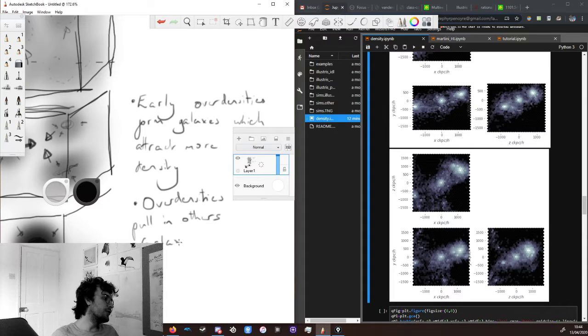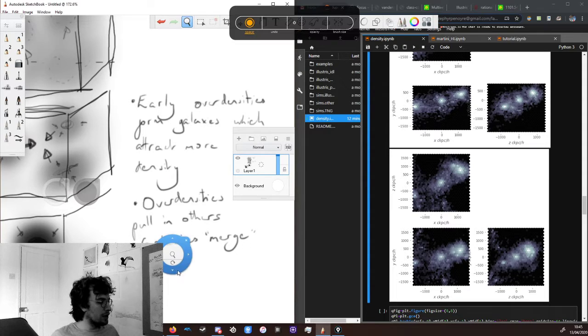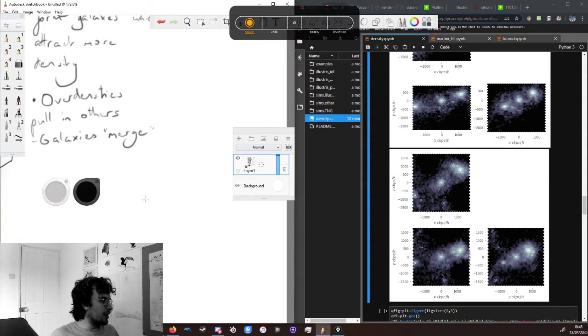So this is, to use language that we tend to use, galaxies merge. Two galaxies become one. Now I actually think this language is a bit of a mistake, because galaxies, let's look into merge. What happens when you merge?